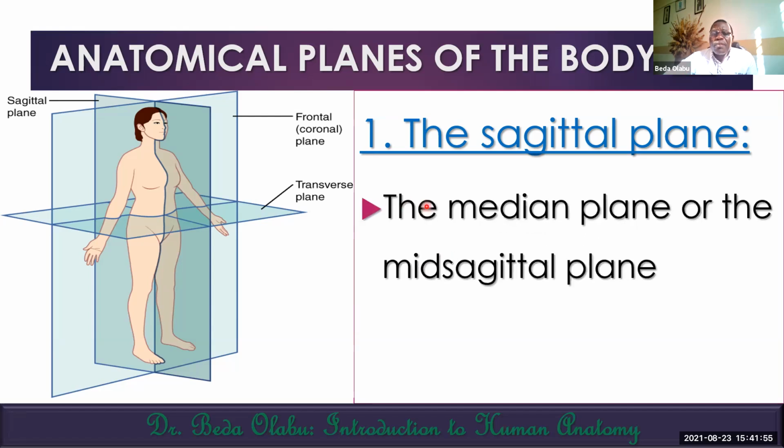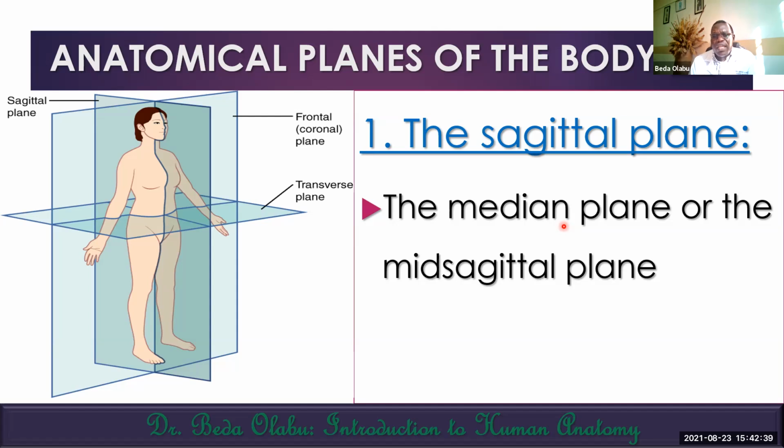A sagittal plane can be through the midline of the body, which means it will split me into right and left equal halves. If the sagittal plane is through the middle, which means through the median, the midline of the body, then we can call it the median plane or the mid-sagittal plane. Of importance to note is that the median plane divides the body into right and left equal halves.